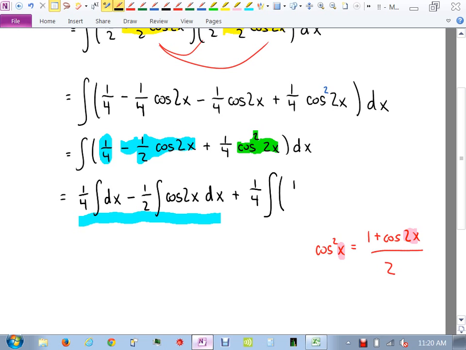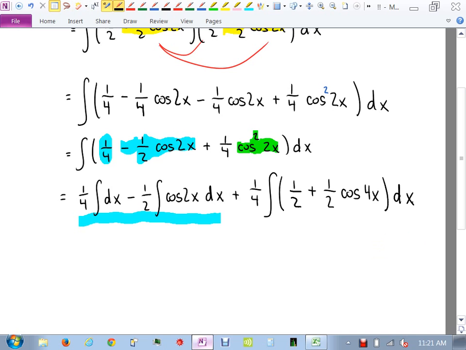So I'll have 1/2 plus 1/2 cosine 4x dx. That's right. So if it had been a cosine squared 3x, it would have wound up to be a 6x over there. All right?